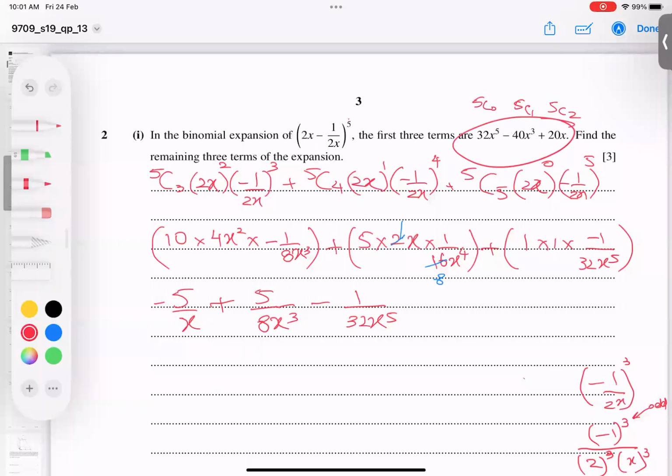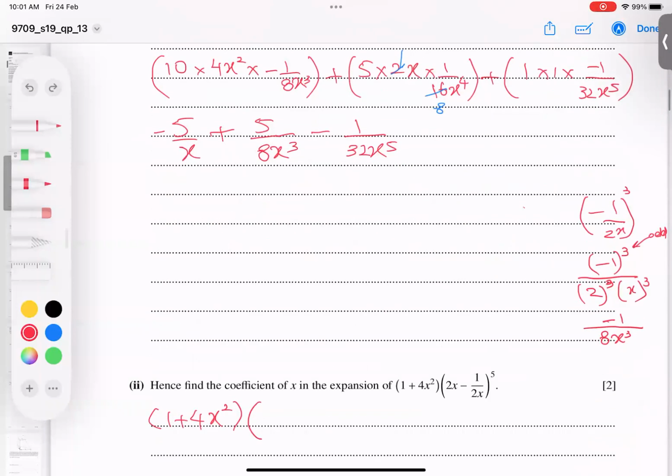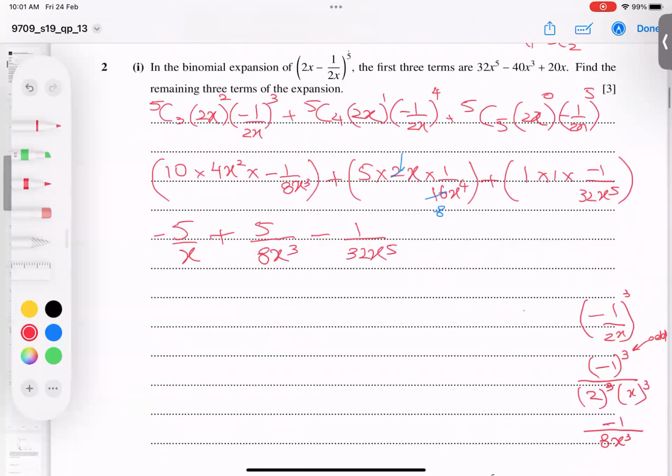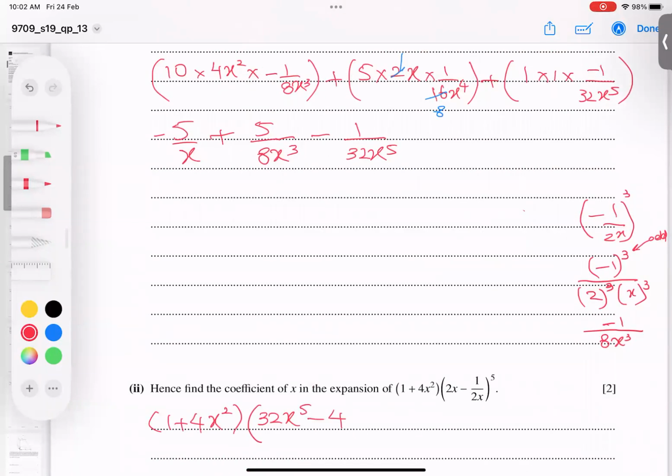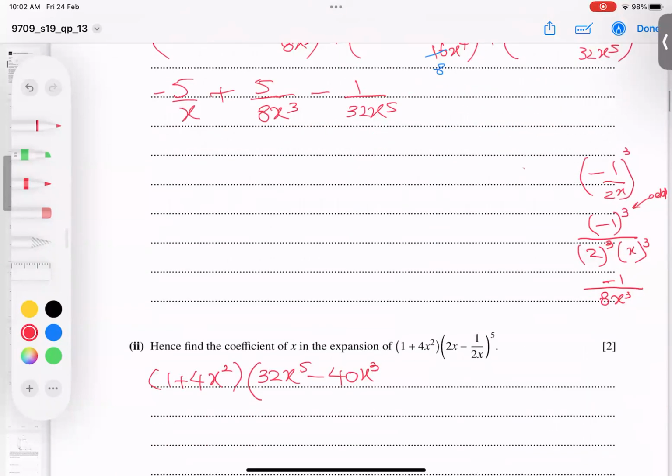So 32x to the power 5, minus 48x cubed, plus 20x. Then these 3 terms: negative 5 over x, positive 5 over 8x to the power 3, and minus 1 over 32x to the power 5.